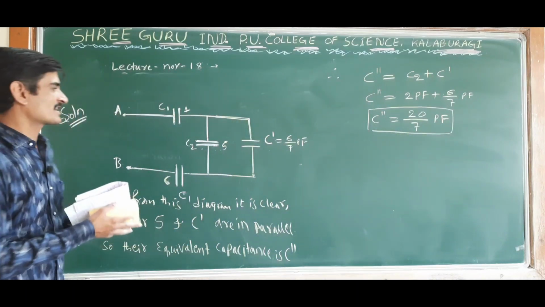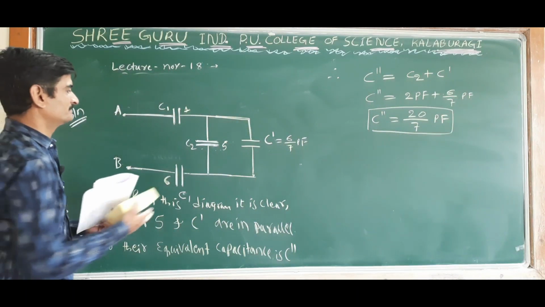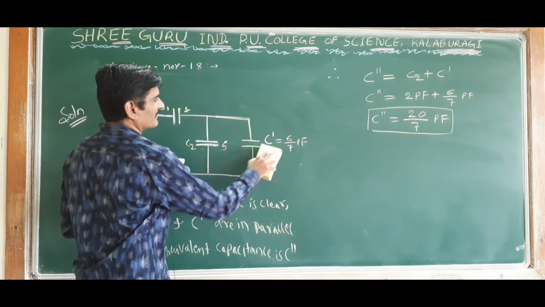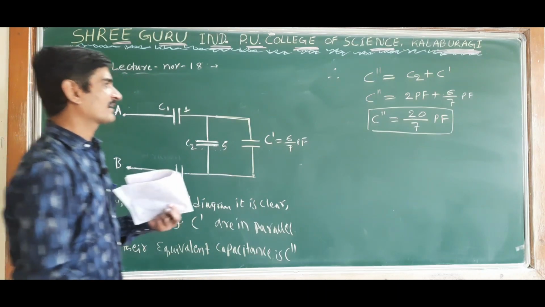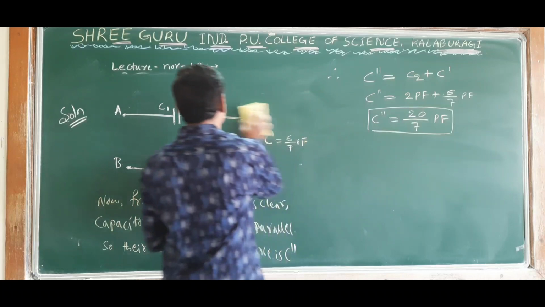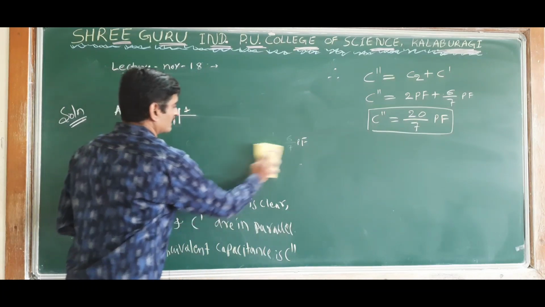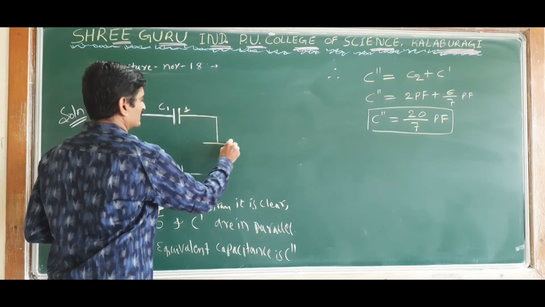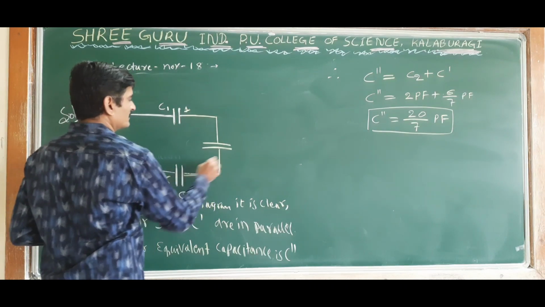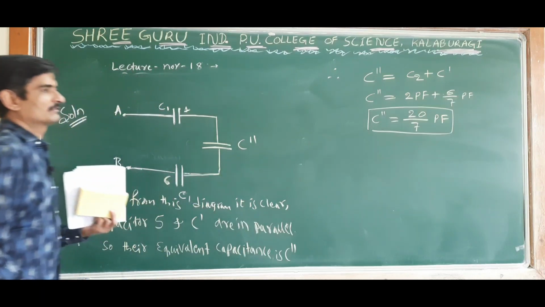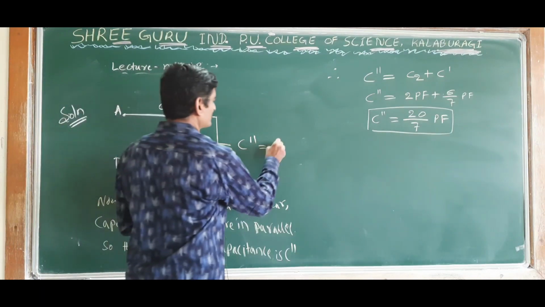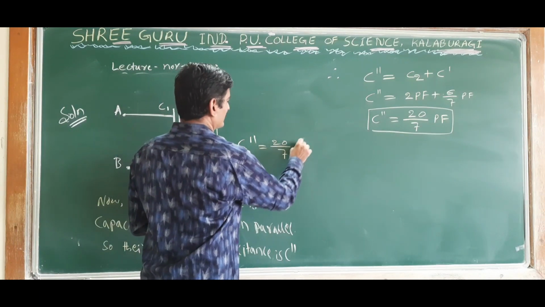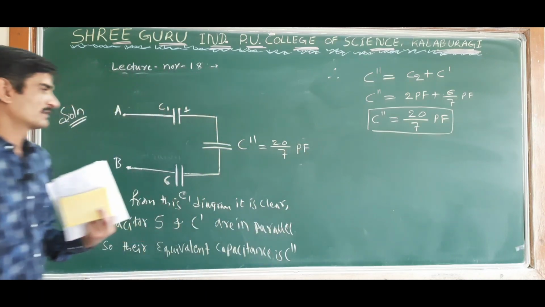This diagram changes to: C2 and C dash are in parallel and their equivalent capacitance comes out to be this one, that is C double dash. So C double dash is equal to 20 divided by 7 picofarad.